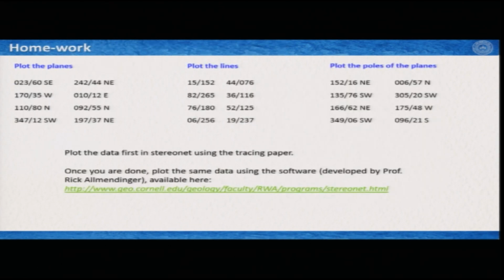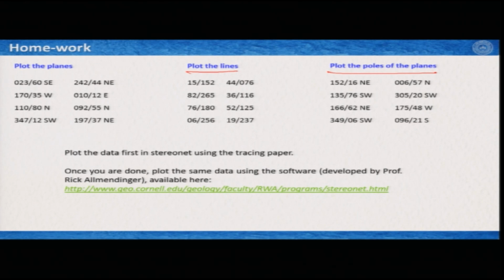Okay. Because we are doing it here online, I have just given you some illustrations and some advice on how to plot it, but you can do it sitting at your home or at your classroom. So, I have given a series of data: 8 data for plotting the planes, 8 data for plotting the lines, and 8 data for plotting the poles of the planes. You do it manually the way I have advised you.